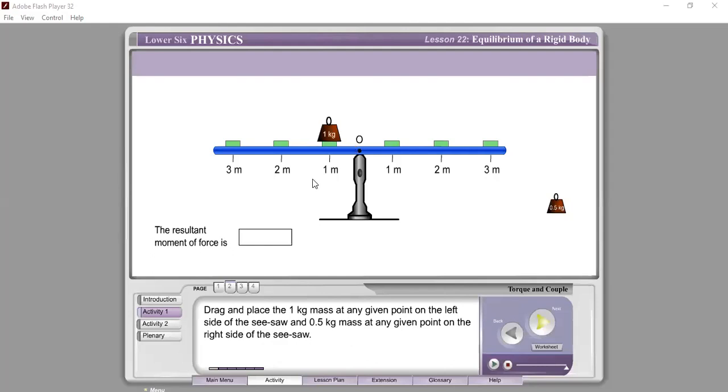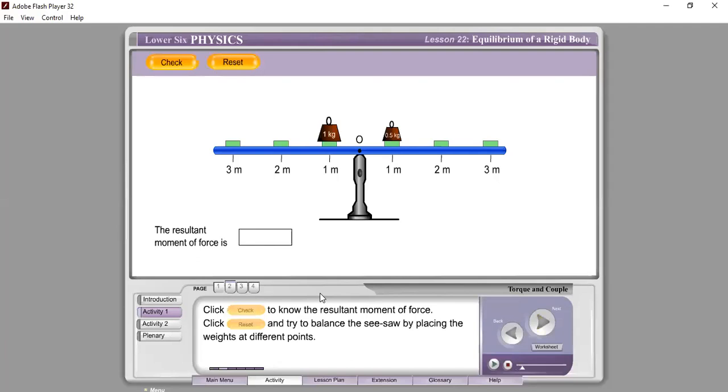Okay, let's say we place the 1 kg object 1 meter from the center, from the equilibrium point. From here, if I place the 0.5 Newton load 1 meter away, what is the resultant moment of force?